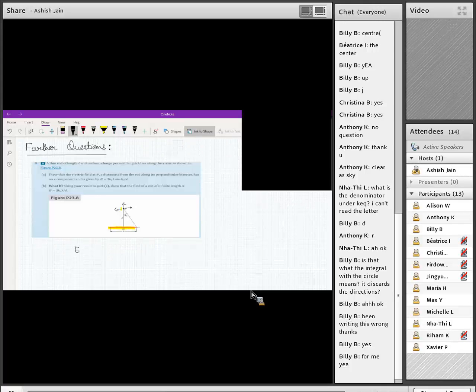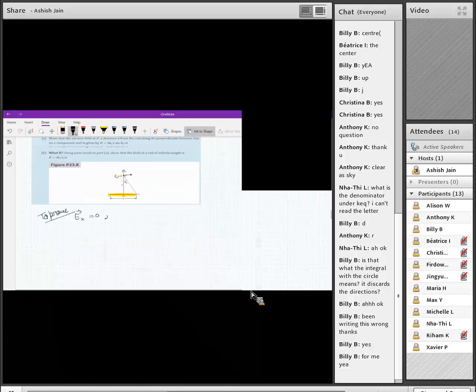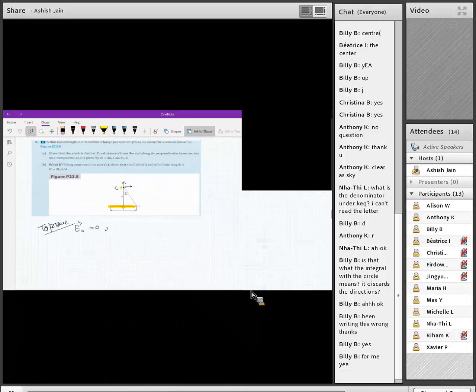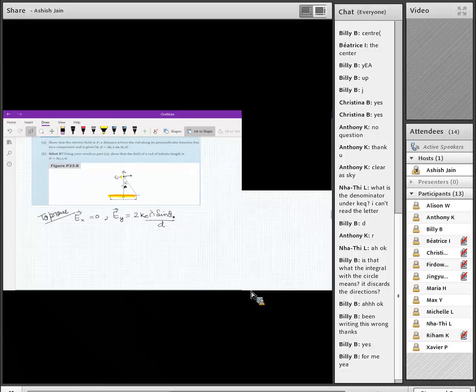That is given as, you have to prove, Ex is 0, Ey is 2ke lambda sine theta naught by d, where theta naught is given by this angle. Okay, again, what is dEy?